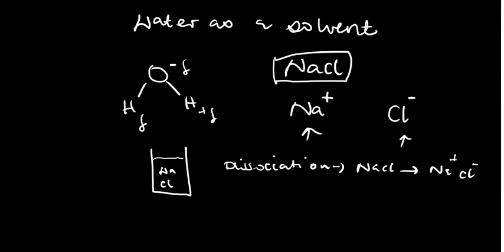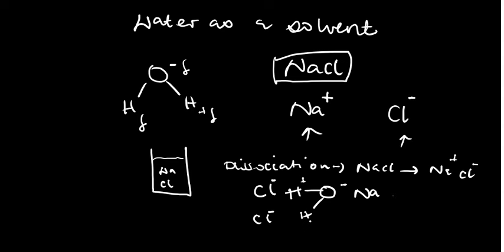So chlorine is going to be attracted to the hydrogen atom on water, right? So this is the oxygen. So chlorine atoms will be attracted to the positive end of water, whilst the sodium will be attracted to the negative part of water.